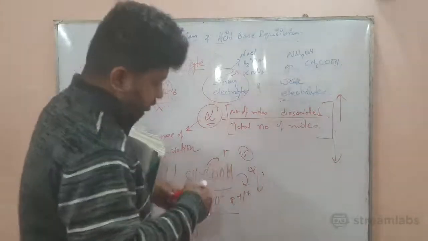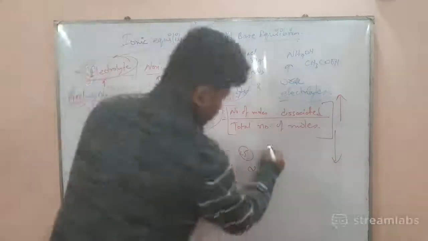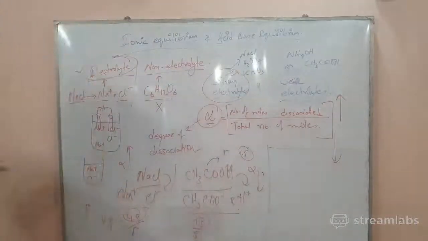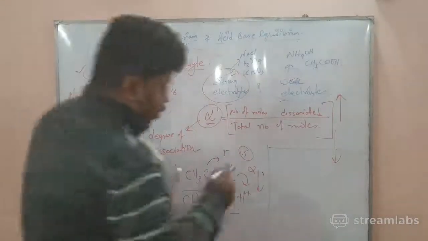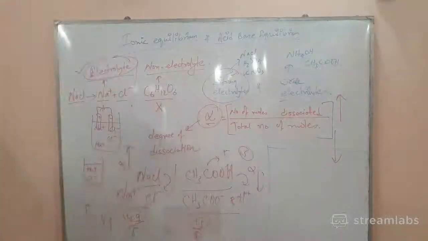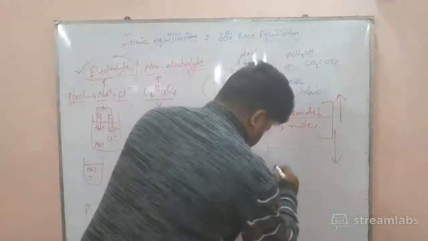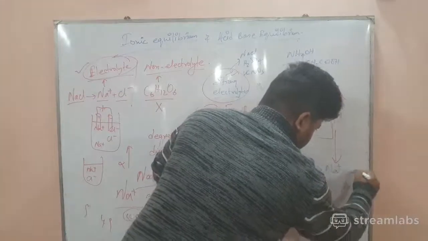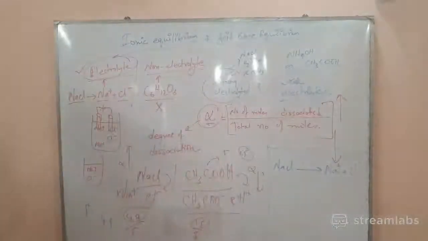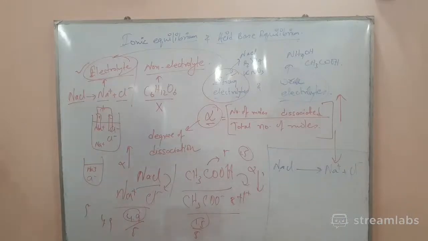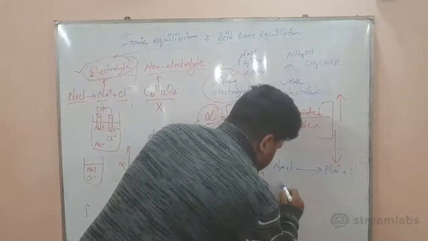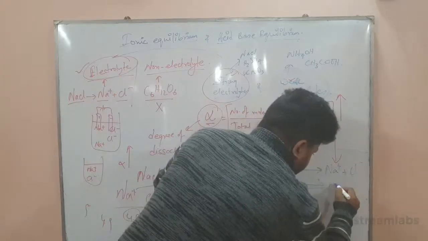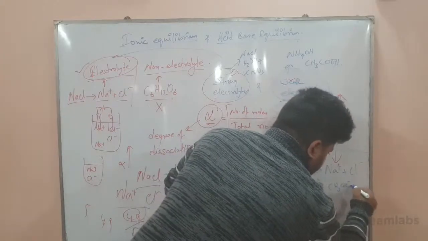As the degree of dissociation is very high and almost all the molecules get dissociated, NaCl is written as breaking down into Na plus and Cl minus. But for a weak electrolyte like CH3COOH, you have to put a double arrow and write CH3COO minus plus H plus.